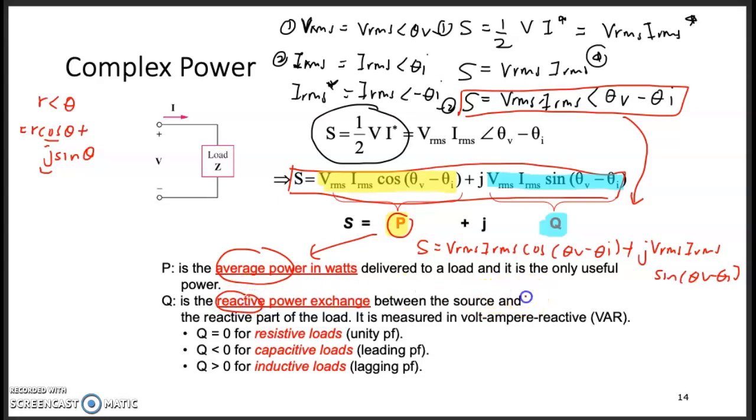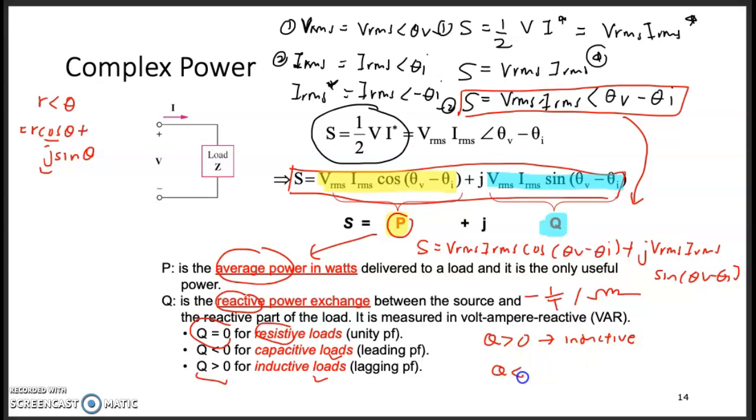This one comes from either the inductor or the capacitor, because we have what we call capacitive and inductive loads. If your Q here is equal to 0, it is a purely resistive load, there is no L and C. But if your Q is more than 0, it is inductive.